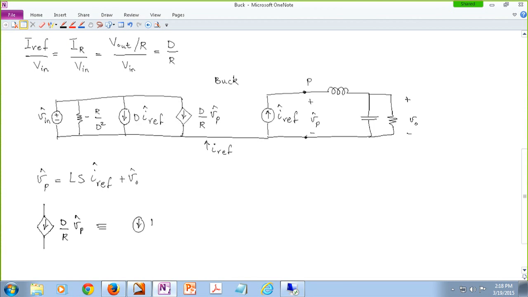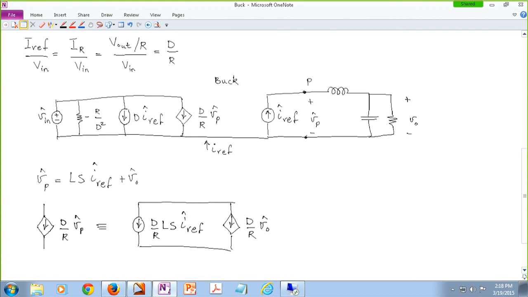The first term is D over R times L times S times Iref perturbed. And the second term is D over R times V out perturbed. All right.